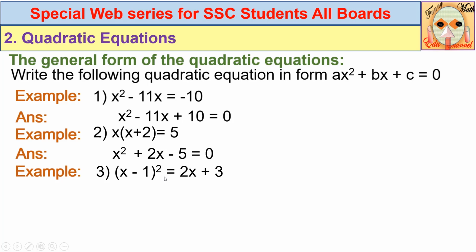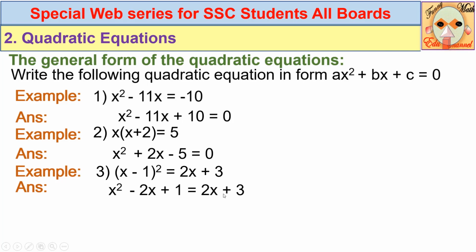So you have here on the left hand side x square minus 2x. See carefully, first term square minus the product of these two terms, that is x and minus 1, so you get minus 2x, and plus the square of the second, that is plus 1, equals 2x plus 3 as it is.